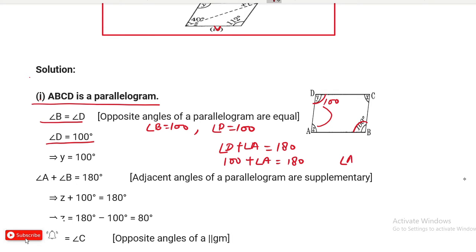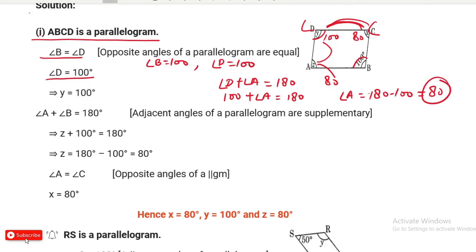Then angle A is equal to 180 minus 100, which is 80. Means the value of Z is 80, the value of Y is 100, and the value of X will also be 80, because these are adjacent angles D plus angle C. Same way we can find angle C.